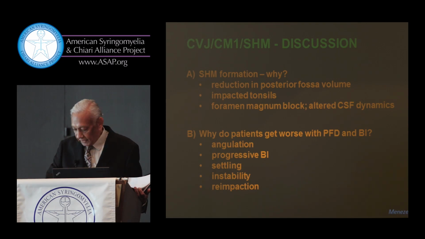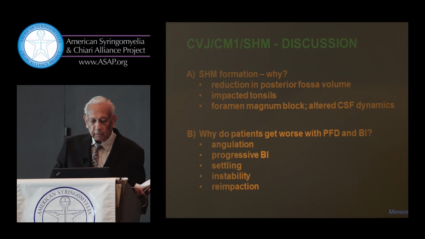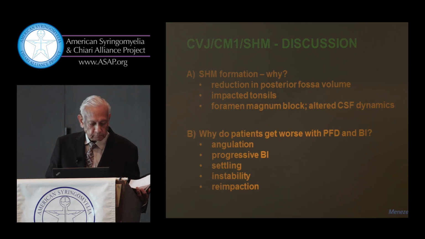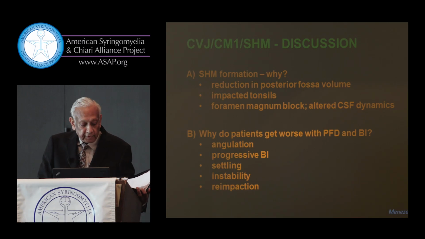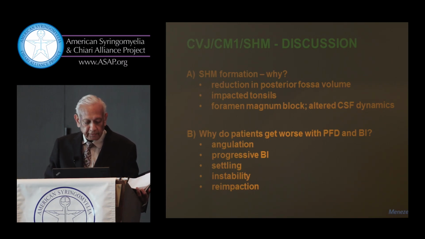You know, being an academician, we always throw questions to ourselves. We want to try to get answers. The first question that we have is, why does a syrinx form in the first place?